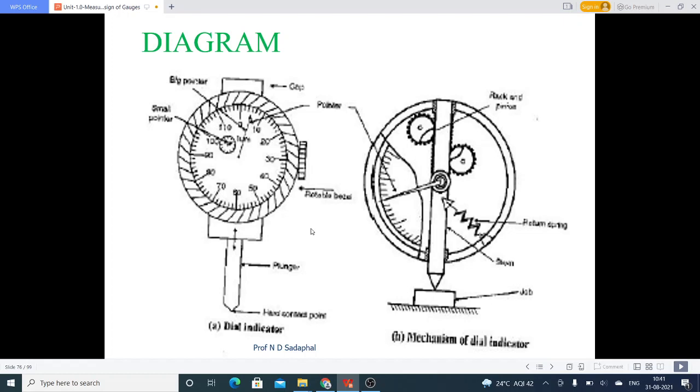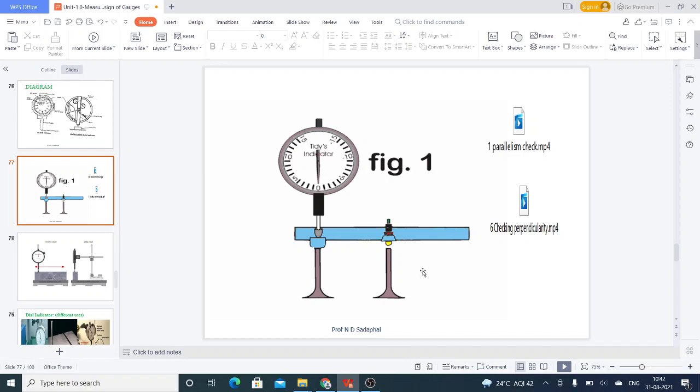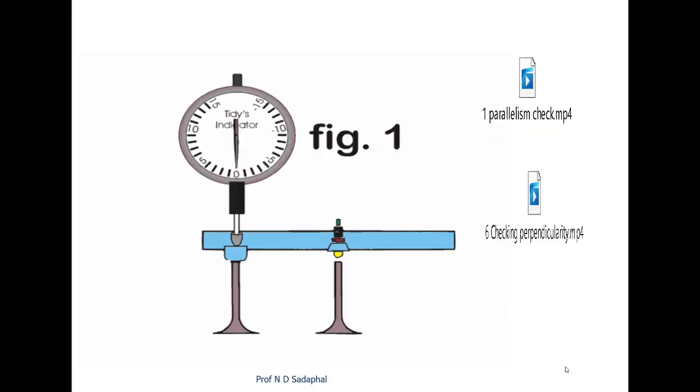You can see the figure of the dial indicator here. If we go to the next slide, now you can see this is a dial indicator. It has graduations on the circumference, and on the downward side there is a plunger.